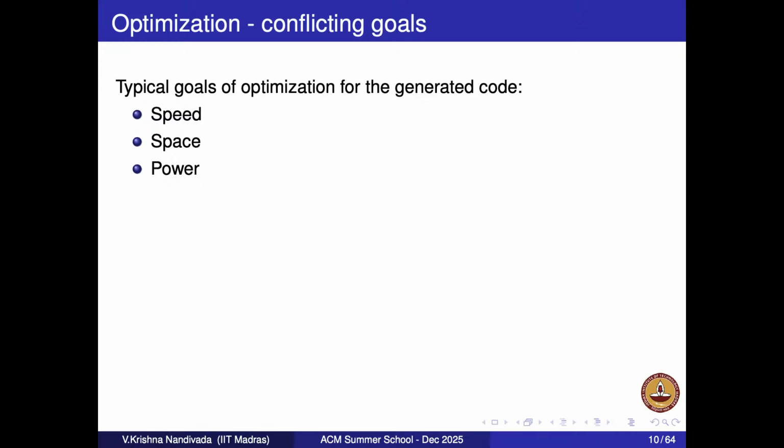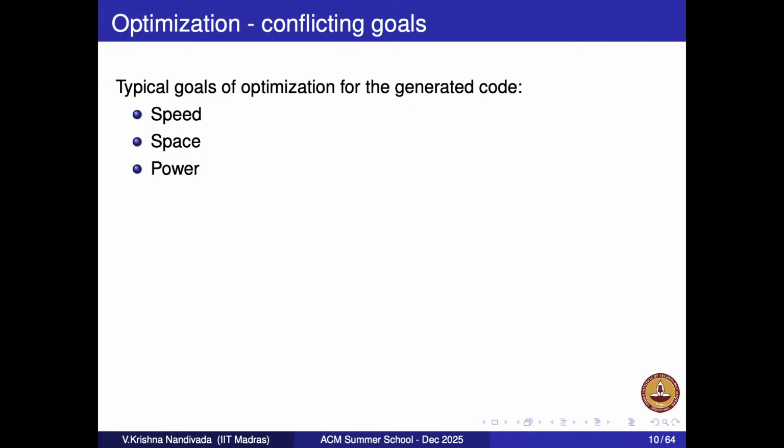You know, these are small machines. They don't have a lot of space. So you ideally want to make sure that the generated code takes less space. Correct? It so turns out if you want to optimize the code for speed, sometimes it may increase space. So do you want to optimize for speed or optimize for space?